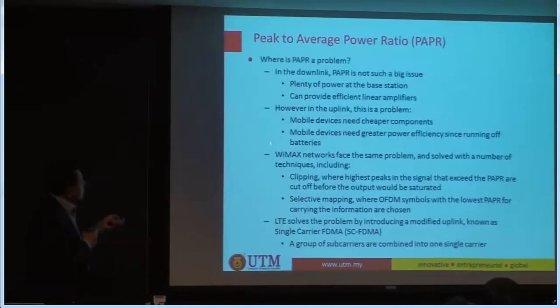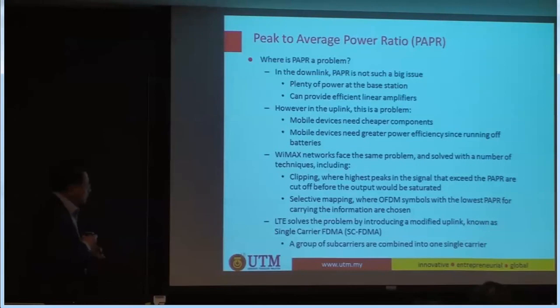But what WiMAX has done, as I explained yesterday, using OFDM for both uplink and downlink, is clipping. Or another way is to be selective: you select which sub-carriers don't have a high peak, then you give more processing and more burden to those. So LTE solves this problem by modifying it to single carrier FDMA.